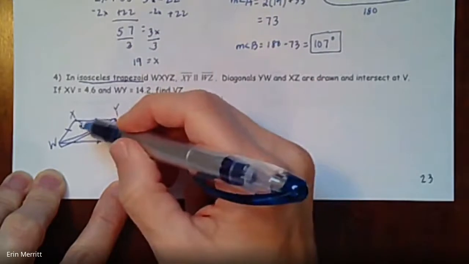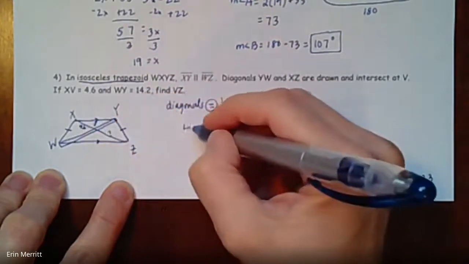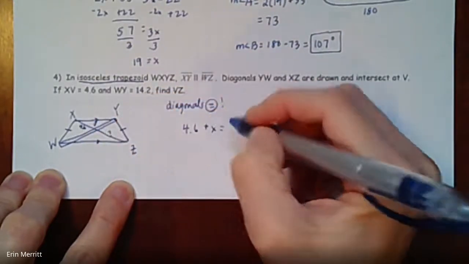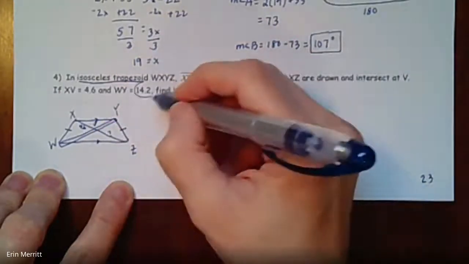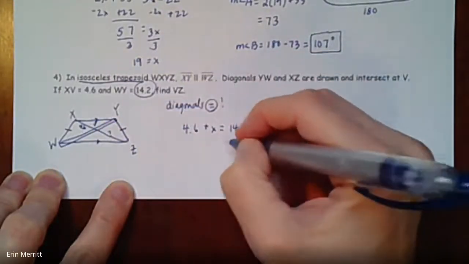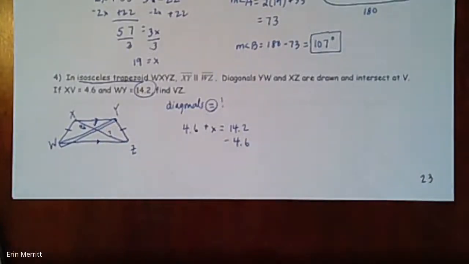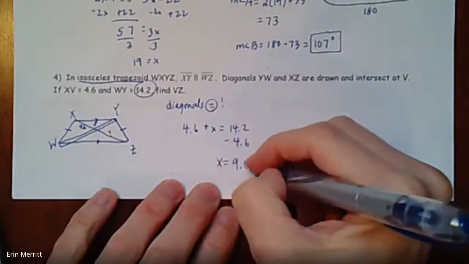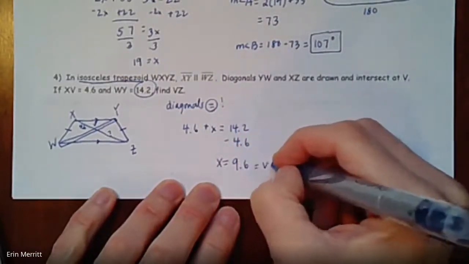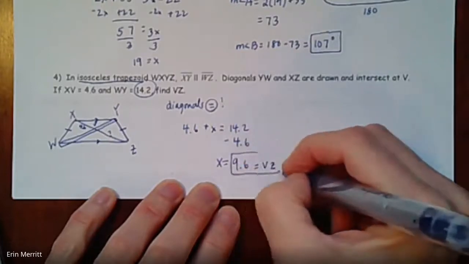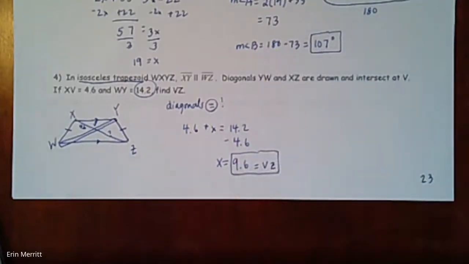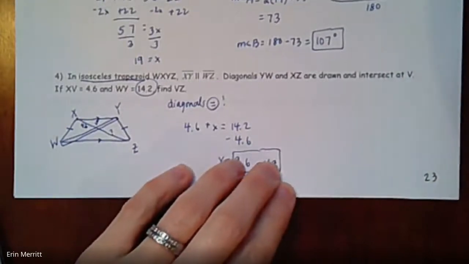So then that means that 4.6 plus what we're looking for has to be equal to the same length of the opposite diagonal, which was the 14.2. So we're just subtracting that 4.6 right there. And when we do that, VZ comes out as 9.6. So the diagram really was just to understand what these measurements even represent, knowing that it's the diagonal and then taking it from there.